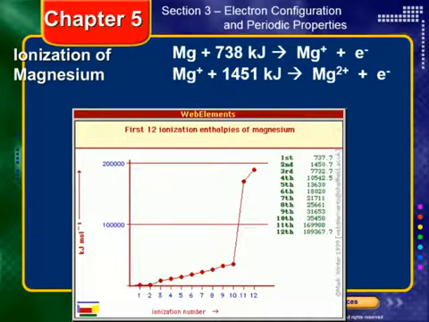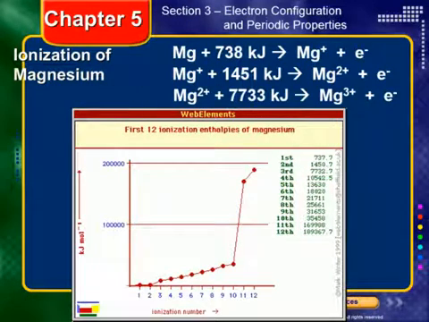But remember, for each successive electron that we remove, the amount of energy required to remove that one electron will increase. Notice that in order to remove magnesium's second valence electron, we have to nearly double the amount of energy that we put into the magnesium in order to get it to ionize further, to result in a magnesium +2 ion. But notice this.